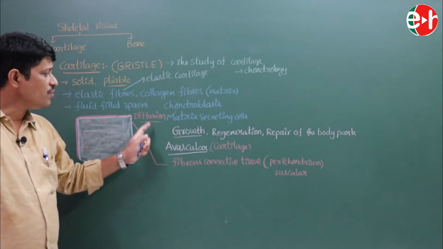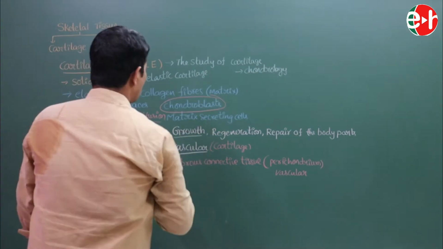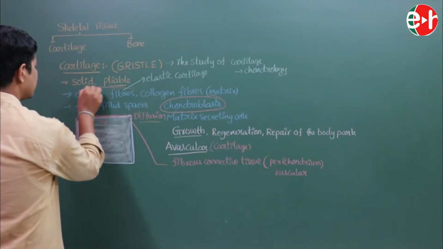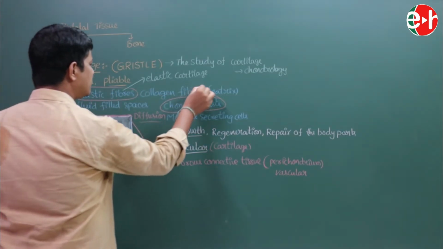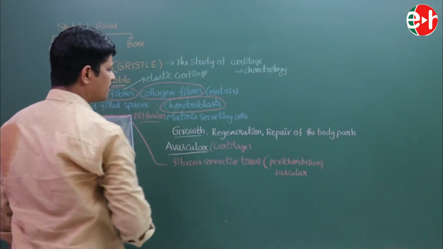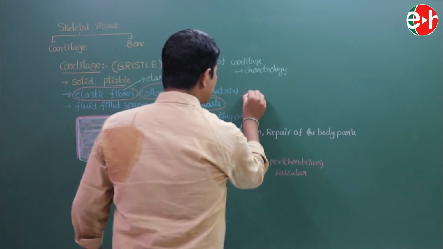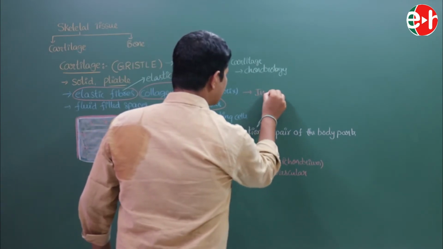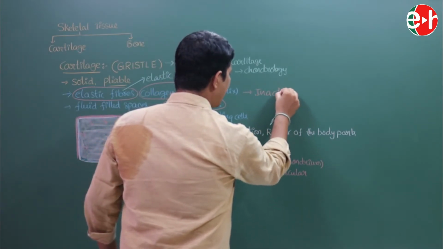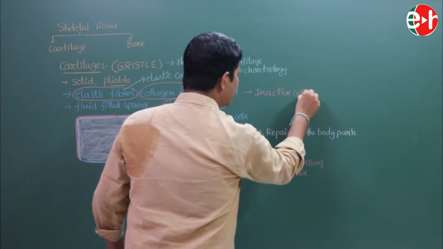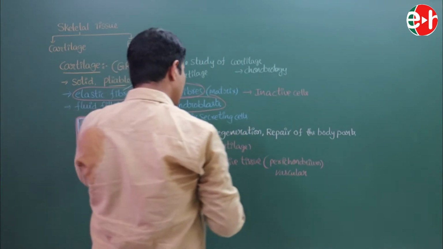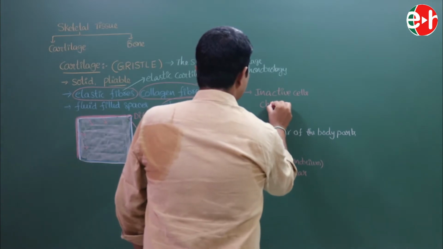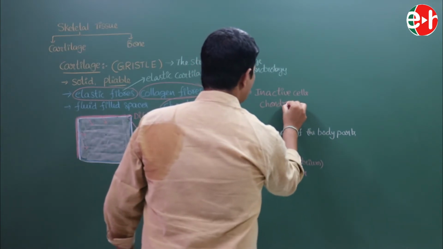Not only chondroblasts, elastic fibers and collagen fibers, the cartilage also contains inactive cells. The inactive cells are chondrocytes.